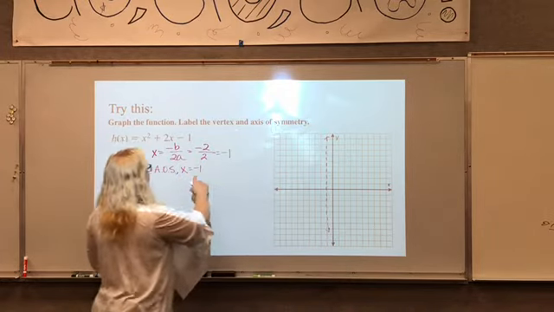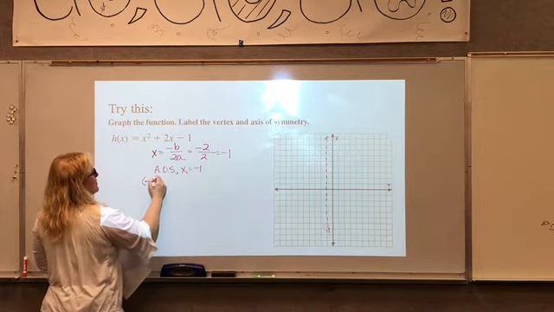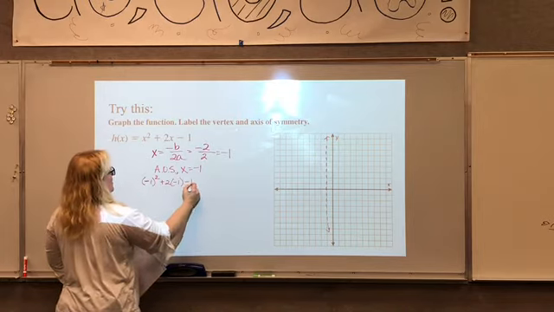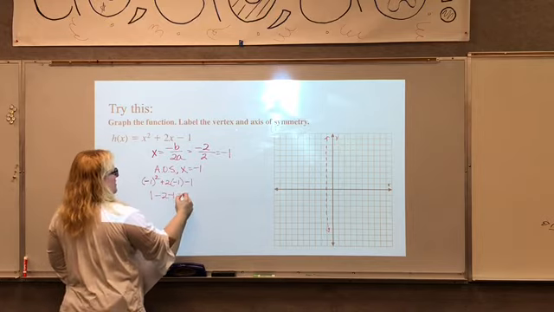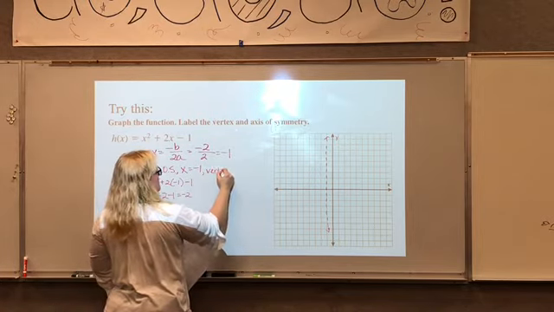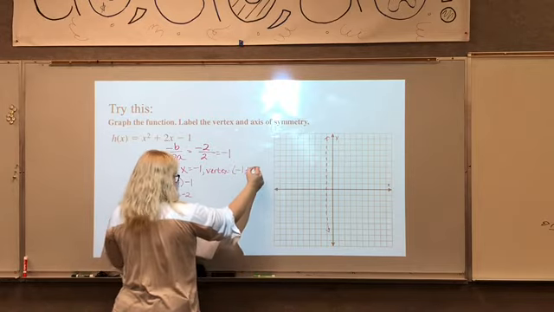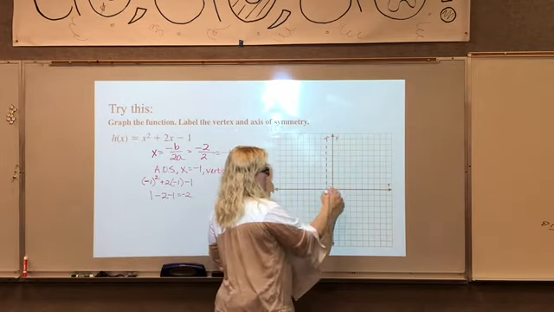Then I take this -1 and I plug it back into the equation. So -1 squared plus 2 times -1 minus 1. This is 1 minus 2 minus 1 gives me -2. So my vertex is -1, -2. Okay, so -1, -2.